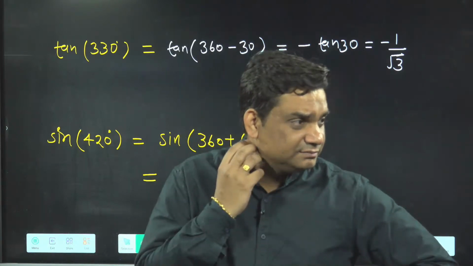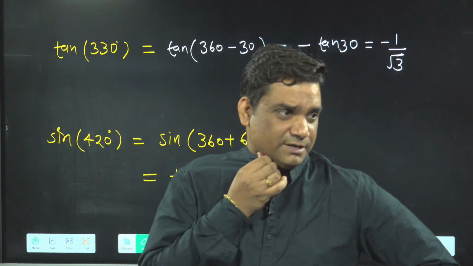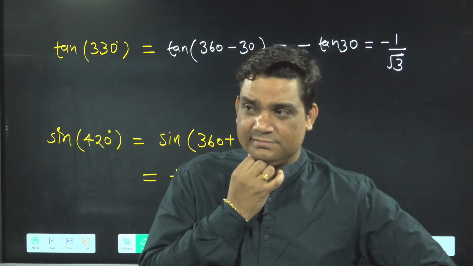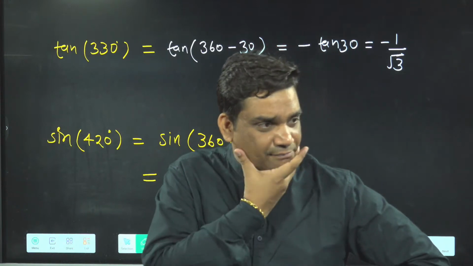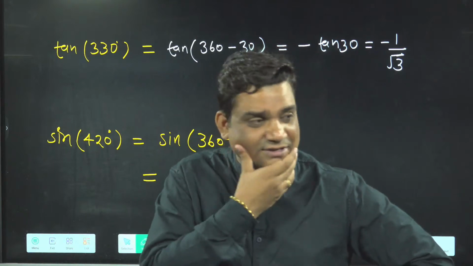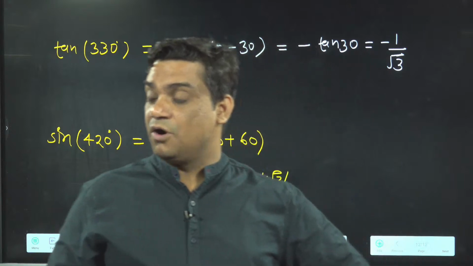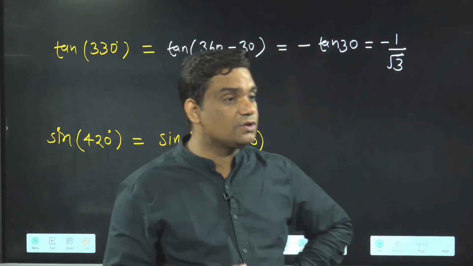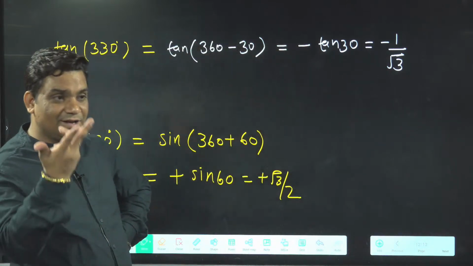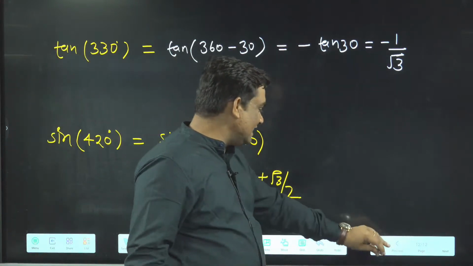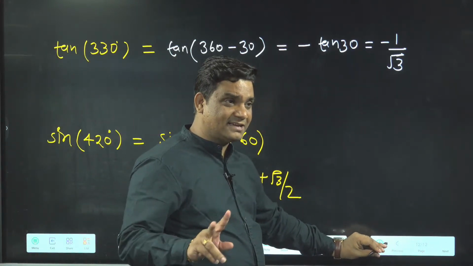Sine 37? We don't know? Okay, 3 by 5, very good. What about cos 37? 4 by 5. Okay. So can I write these angles also? I can ask some questions based on these also.